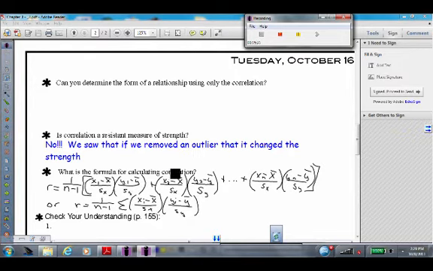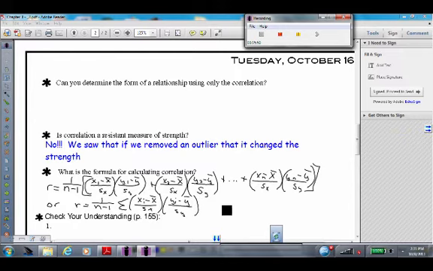And this is the correlation. R is equal to 1 over n minus 1 times the sum of xi minus x bar over sx times yi minus y bar over sy.